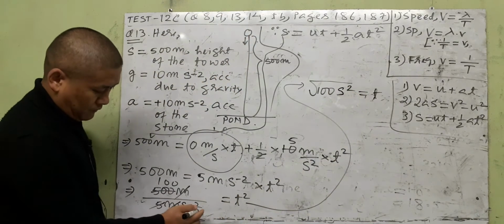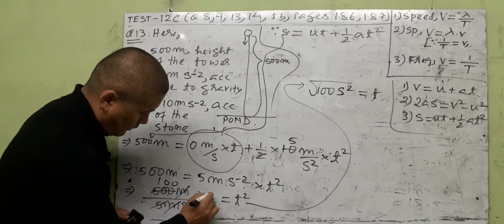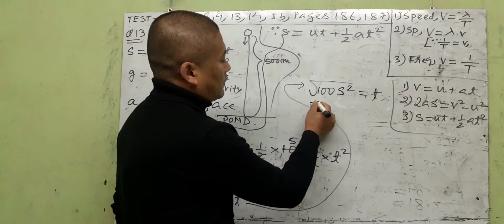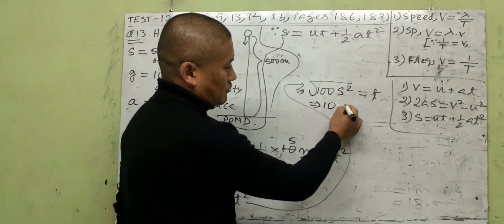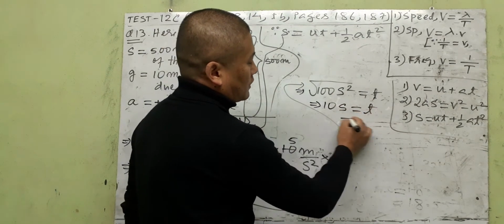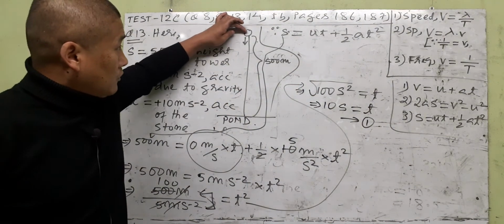From the denominator, if this is brought up to the numerator, this minus 2 power becomes plus 2. So 10 into 10 is 100. So 10 comes out of the square root, and second to the power 2 becomes second to the power 1. So t is 10 seconds, meaning it will take 10 seconds for the stone to reach the pond.